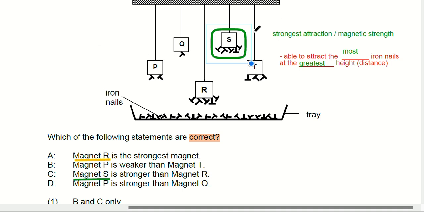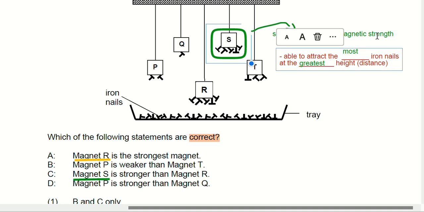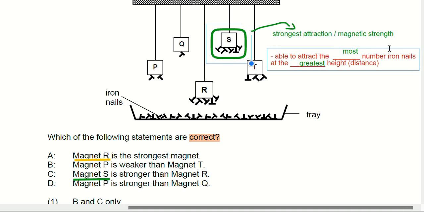So this is my magnet S. It has the strongest attraction, or we say the strongest magnetic strength, because it's able to attract the most number of iron nails at the greatest distance or the greatest height.